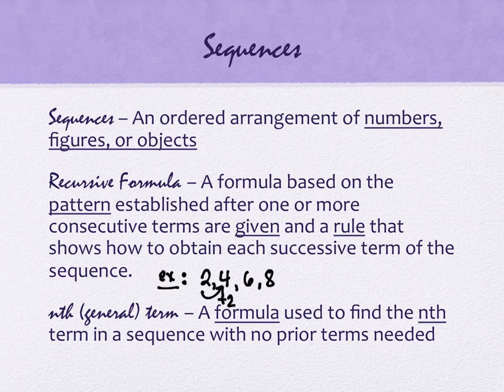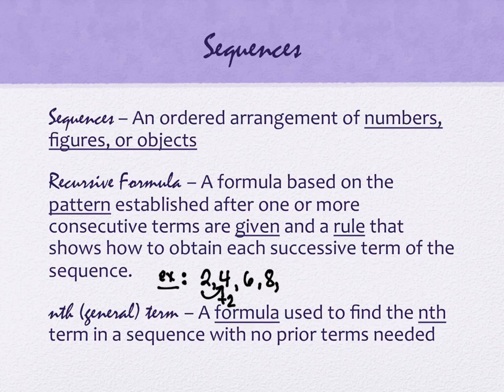You've got a sequence, right? It doesn't end: 2, 4, 6, 8. So this is a few terms in the sequence, and then they tell you how you get to the next term. You get to the next term by adding 2. That's what a recursive description is. You have the first few terms, sometimes maybe only the first couple, but then it gives you a description of how to get the next term.